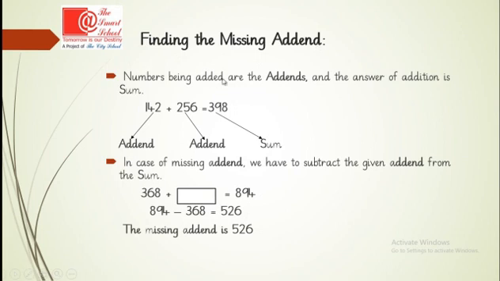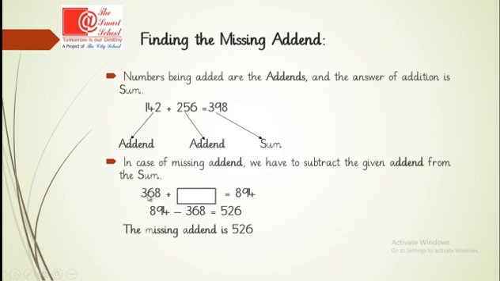The numbers being added are the addends as I just told you, and the answer of addition is the sum. So here the first addend is 142 and the second addend is 246 and their sum is 398. If any of the addends is missing, what do we have to do? We will write this question written here.